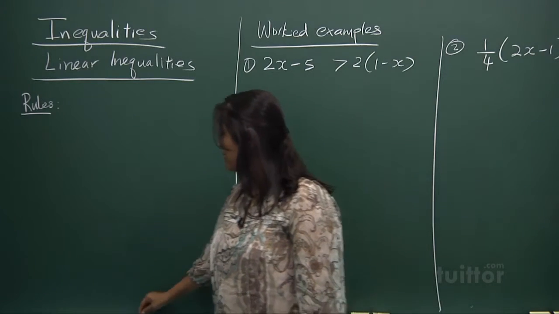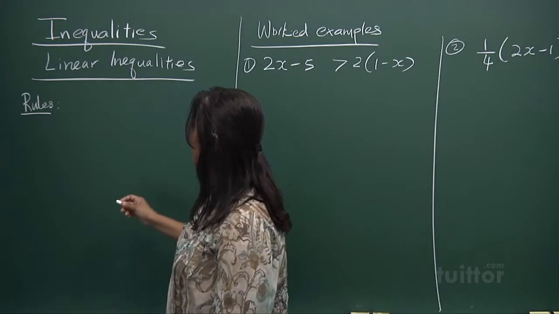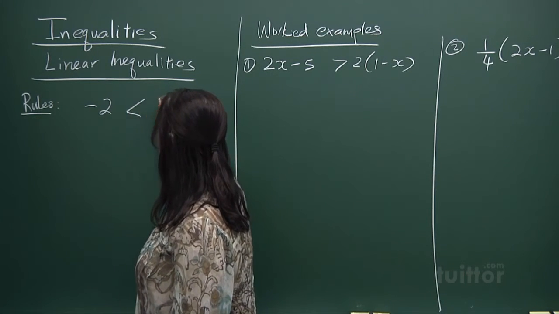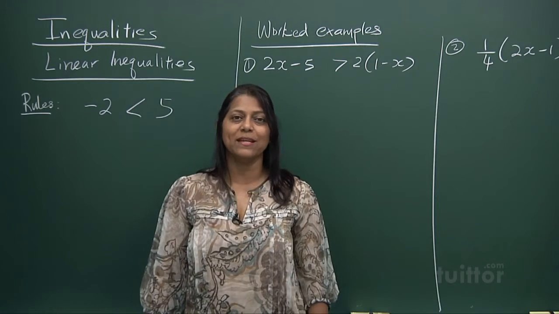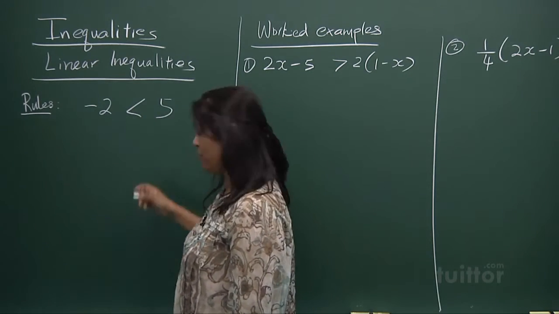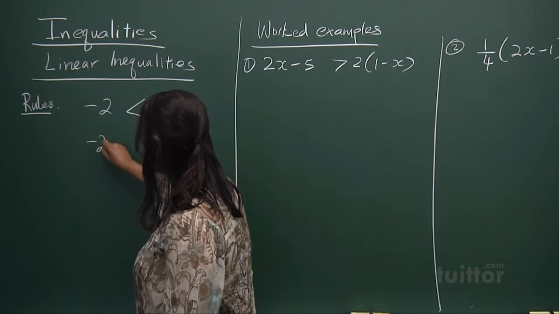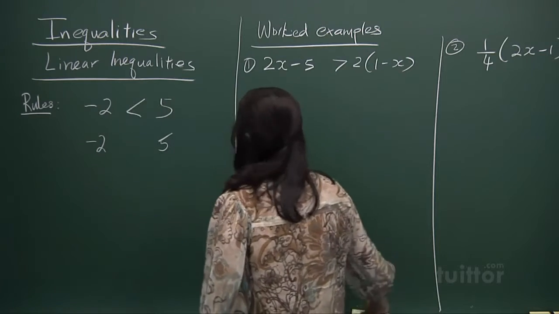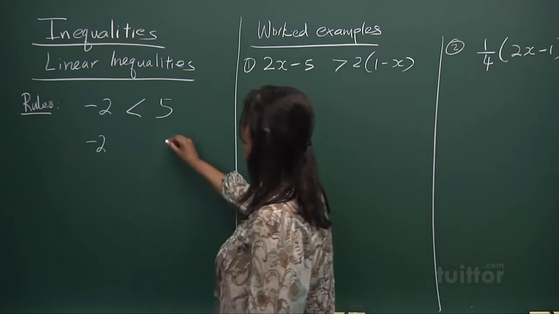If x is less than 2, yeah, x is less than 2. But if we have, like here, minus 2 is less than 5. You got it? Minus 2 is less than 5. If I multiply both sides with minus, this is a 5, and the sign of the 5 here is a plus.